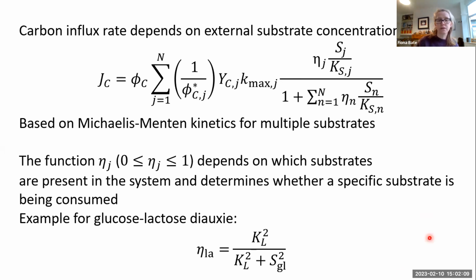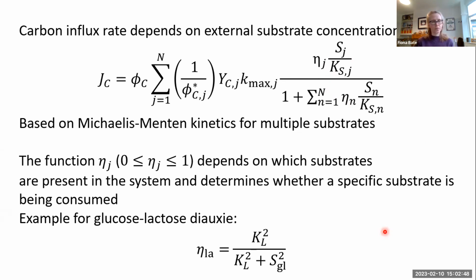So for glucose-lactose diauxie, we can choose a form of the function like this. And you can see that when you've got large glucose concentration, eta lactose is essentially 0. And when this tends to 0, this tends to 1. Okay. So these functions eta appear in front of the substrate concentrations just to determine whether or not at a certain time the substrate is being consumed.